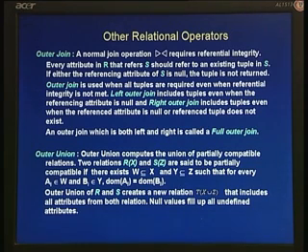Now an outer union operator computes the union based on this compatible subset of these relations and then simply includes all other attributes as they are in the relation.